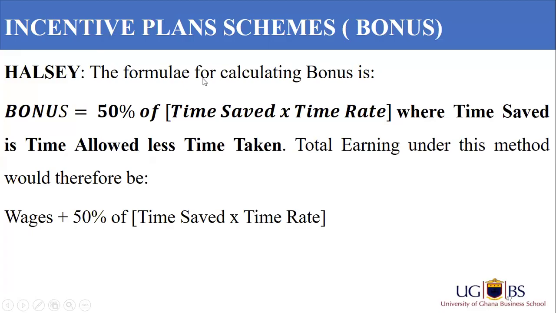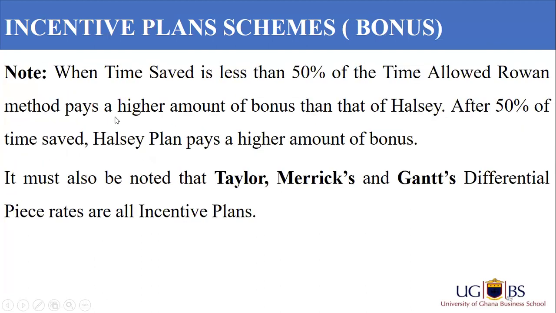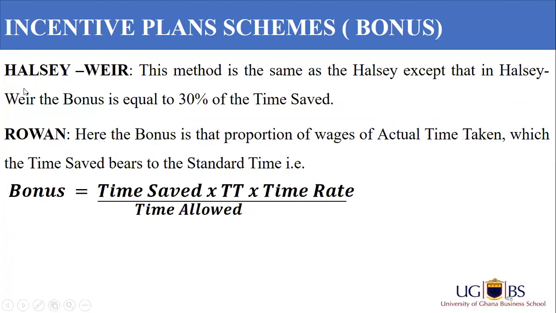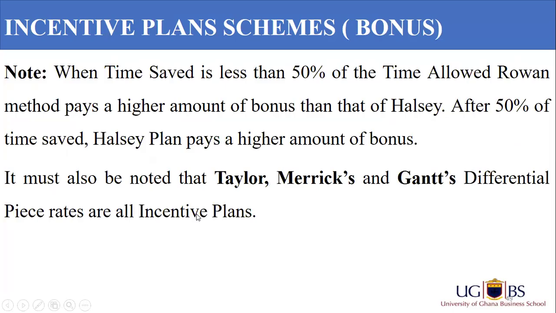Halsey is 50%, the other is 30%. And then the Rowan one is basically: time saved over time allowed, times time taken, times time rate. Not sure we'll really be using it like that.